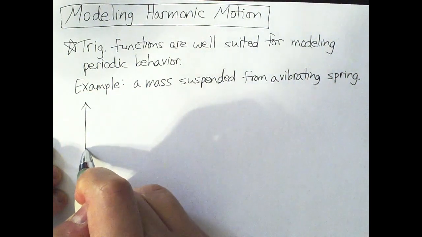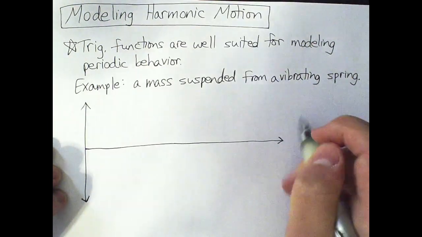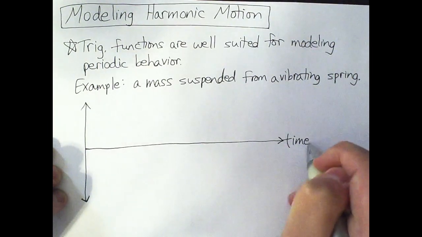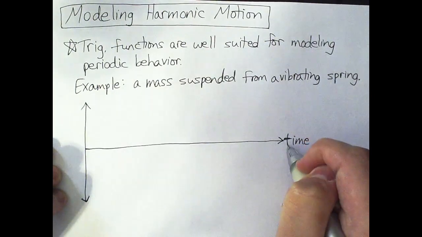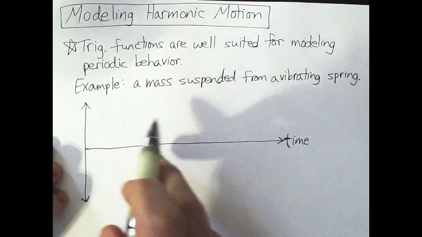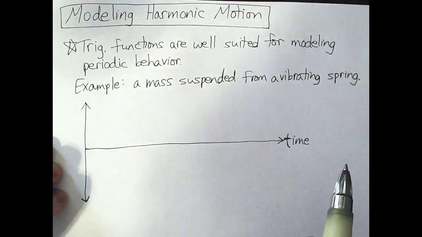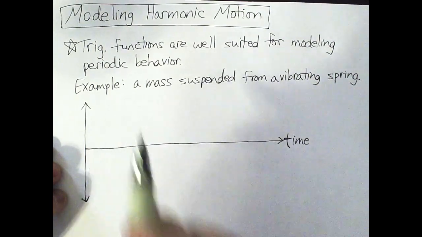So how do we draw a moving picture? Well, we can't really draw a moving picture, but we can make a graph. Let's put time on the horizontal axis. And I'll draw a few snapshots in time. And we'll get the sense that this is a spring that's moving up and down.